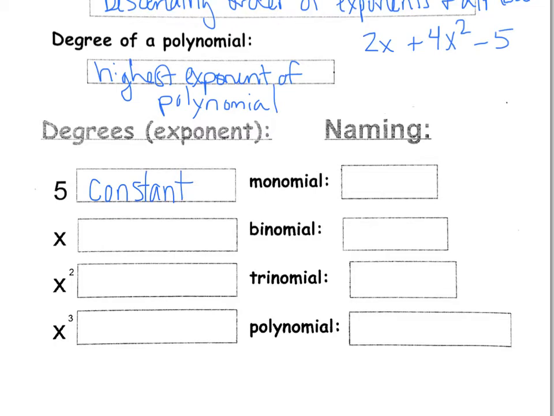Now, x or x to the 1 is called linear. So no x is constant, x to the 1 is linear. If we have an x squared, this is called quadratic.